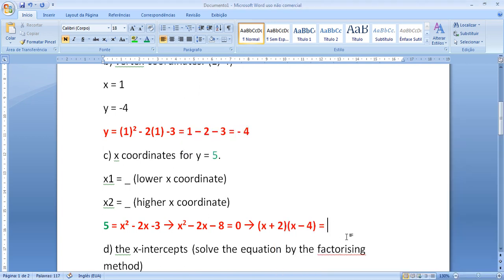So the results of x here are going to be x equal minus 2 or x equal plus 4, okay? X equal minus 2 is because of the first brackets. If you put minus 2 here, you're gonna find minus 2 plus 2 is 0, so this must be equal to 0, right?